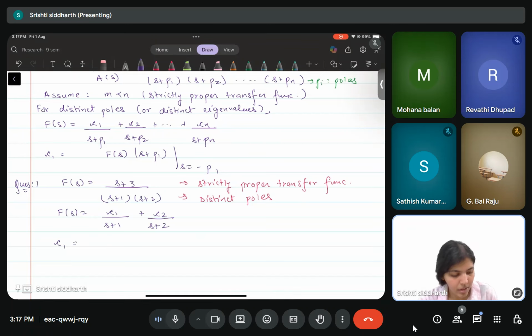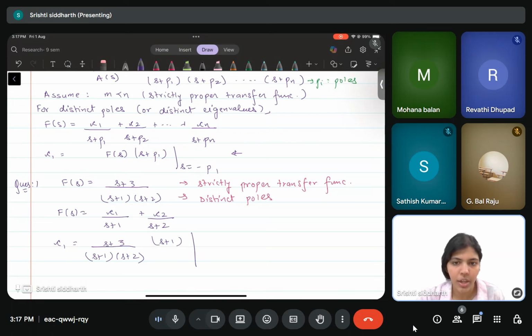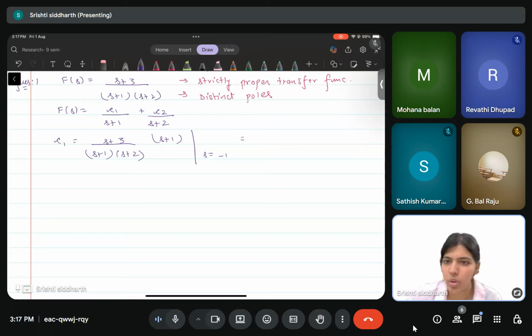This means that C1 is (s plus 3) over (s plus 1)(s plus 2) multiplied by (s plus 1), and the whole expression evaluated at s equals minus 1. So please tell me what this is.